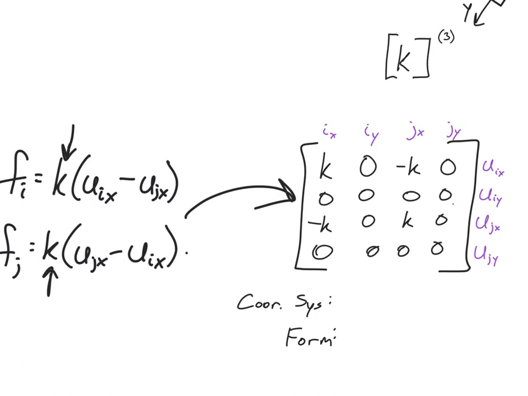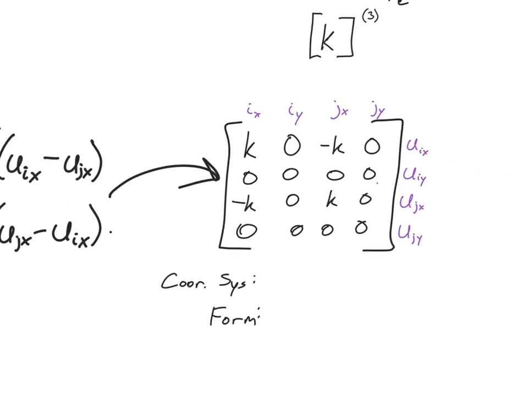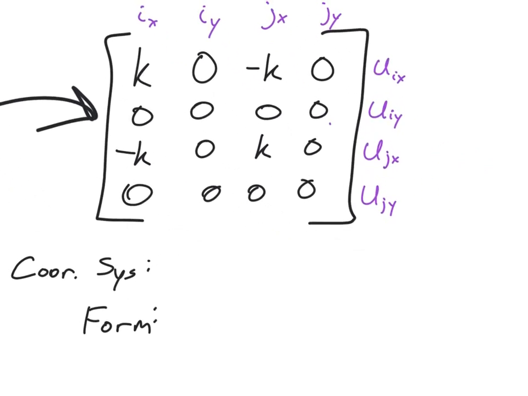And likewise, for the force at node j, we have k u j x minus k u i x, so we get a minus for the k here and a positive for the k here. So that's where they come from. There's no force in the y direction, that's why we have 0 in the second row and zeros in the fourth row.